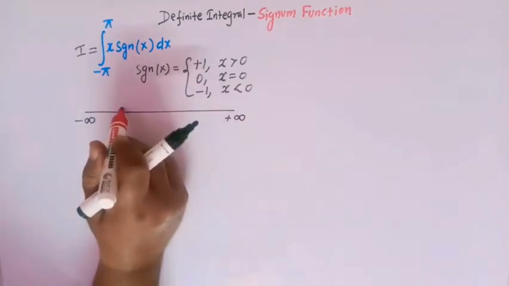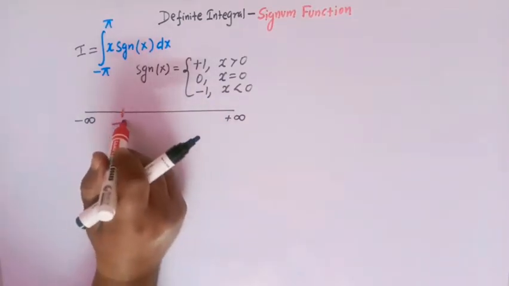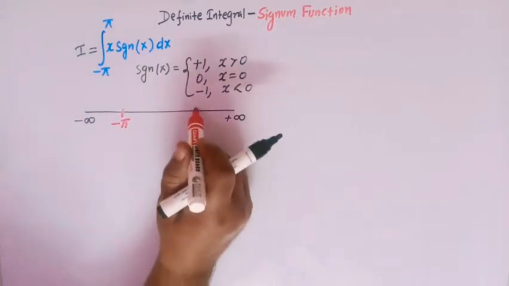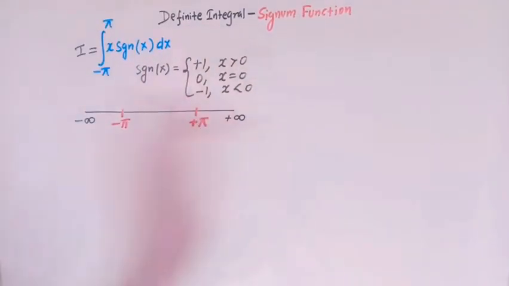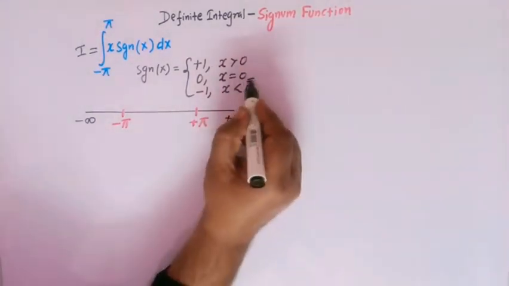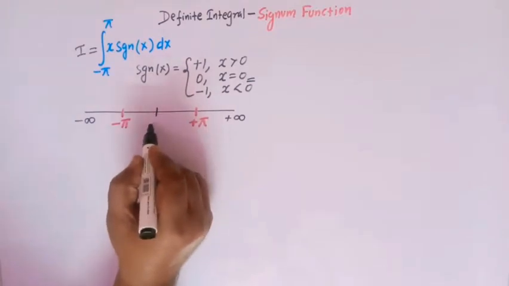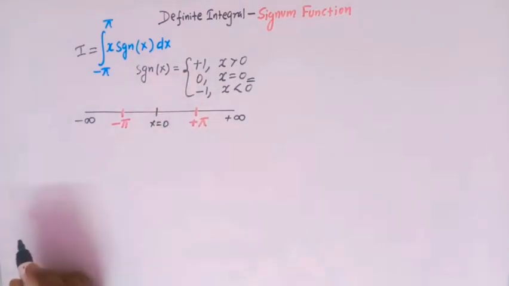So minus pi lies somewhere here, and plus pi lies somewhere here. And this x equal to 0 lies somewhere here.